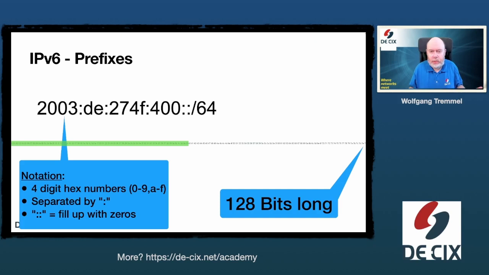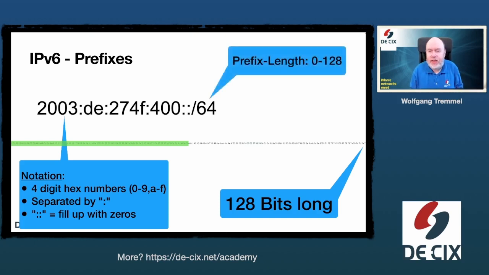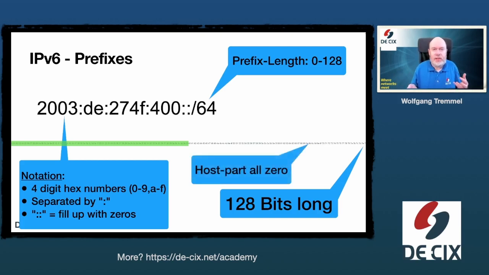And the double colon at the end means fill up the rest with zeros. The prefix length in IPv6, of course, can be between 0 and 128, as the whole address is 128 bits long. Also, in a prefix, very important, the host part is all zeros. Otherwise, it's an address. A prefix is written with the slash and the length of the network part, and the host part is all zeros. That's an IPv6 prefix in this case.